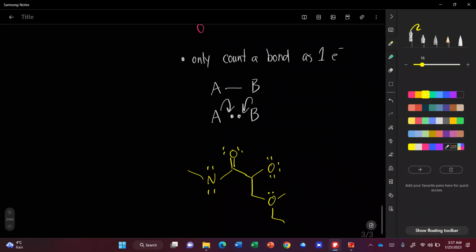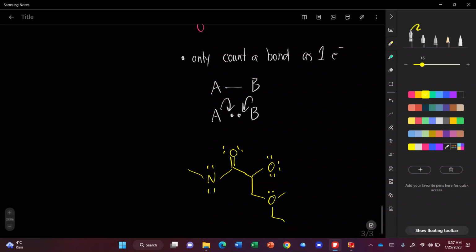Alright, so I'm going to draw a molecule that looks like this, and I'm going to go through it with you, but one thing that I want you to do is be really, really good at looking at a molecule like this and very rapidly determining what the formal charge of the atoms in that molecule are.